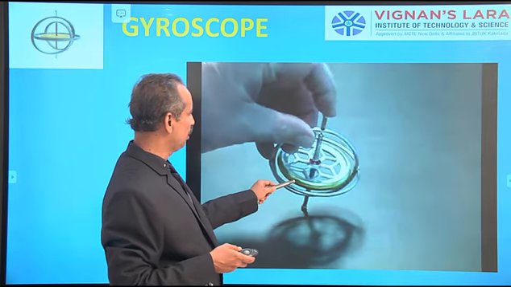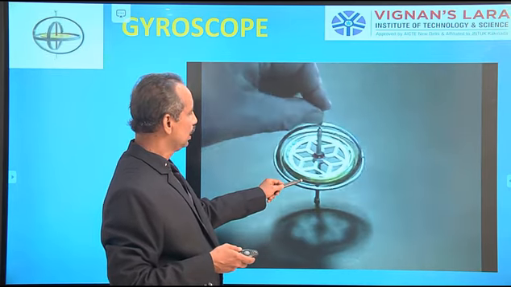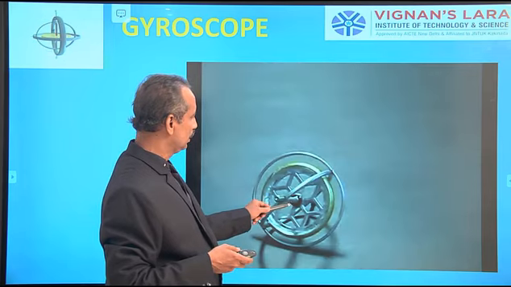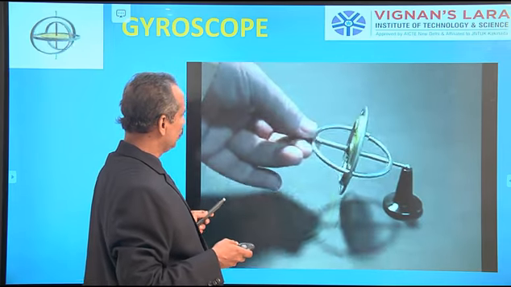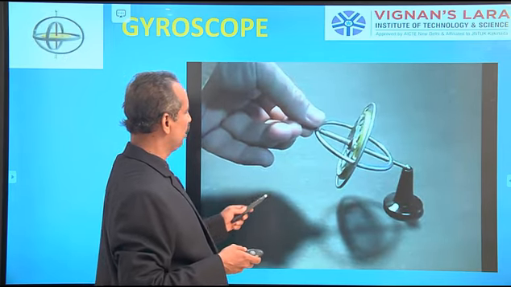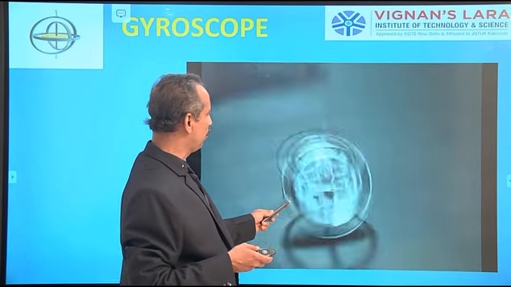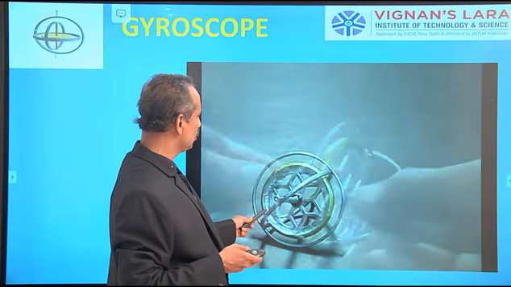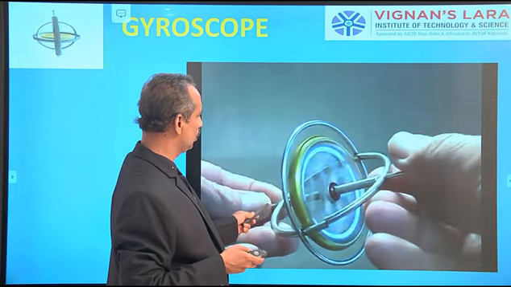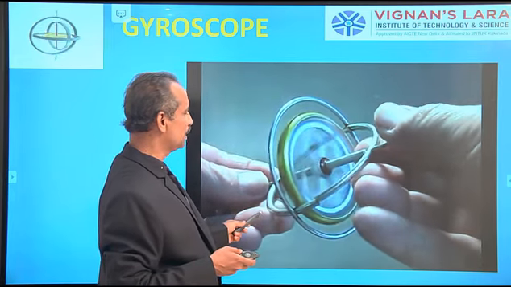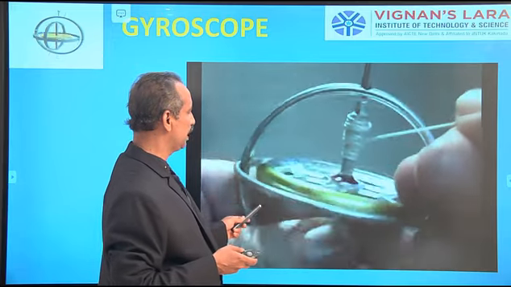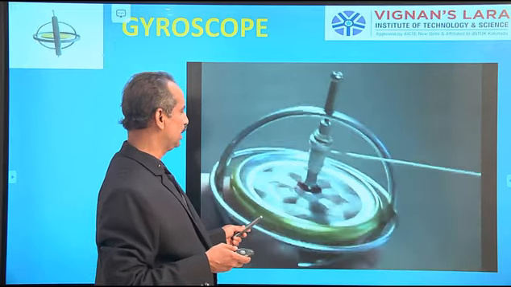Suppose if you revolve this inner disc, then gyroscopic action can be observed. If it is not revolved, it is only suspended, then it simply falls. Even if you try to put it in a vertical position, it will fall. That means if it is not under dynamic action, it will not sustain.